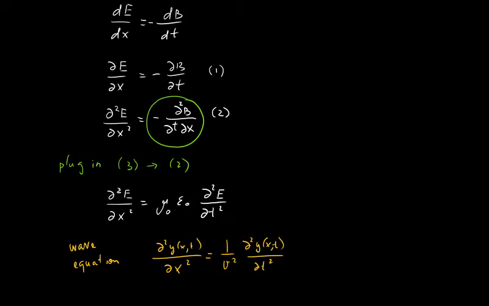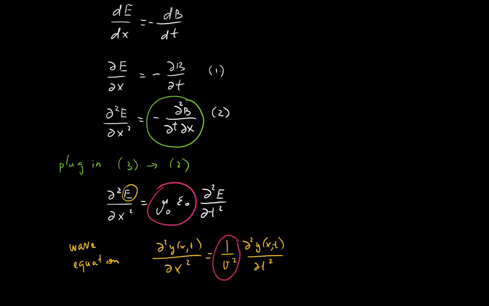As you compare these two equations, you will see that the function E satisfies the wave equation. Therefore, from here, an interesting thing comes out. I can say that this mu naught epsilon naught should equal 1 over v squared.